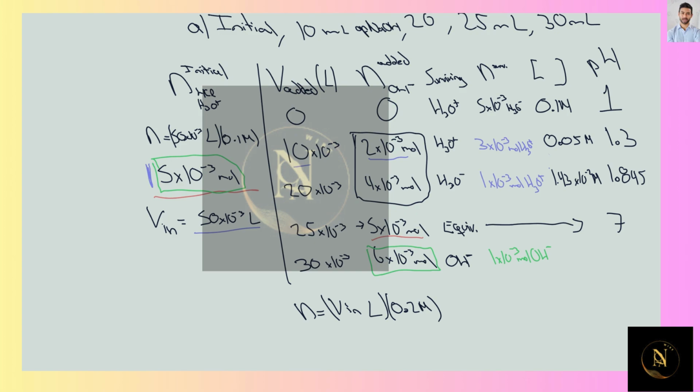So the concentration is going to be 1 times 10 to the minus 3 divided by 50 plus 30, so 80 times 10 to the minus 3 liters of solution. The result from this is 0.0125.